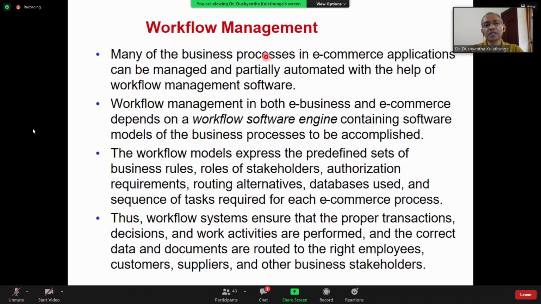So a business process may be considered as a workflow if it consists of a series of repeatable tasks. Repeatable means you are going to utilize the same task again and again.